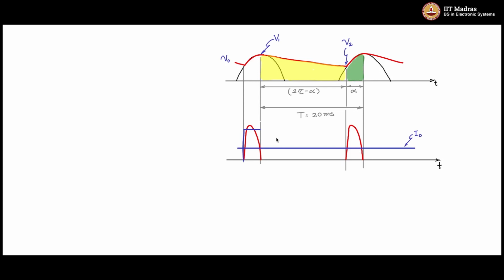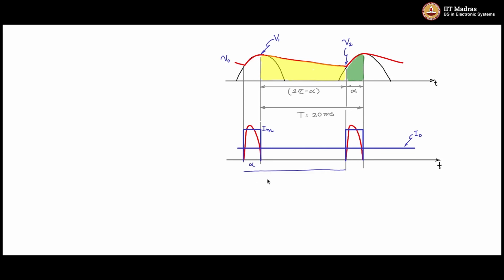So we can redraw or revisualize the current wave shape like this, so that approximately, let us say you have a pulsed kind of a wave shape flowing through the diode, and that is the Im that we can call the peak value of the current or the max value of the current.